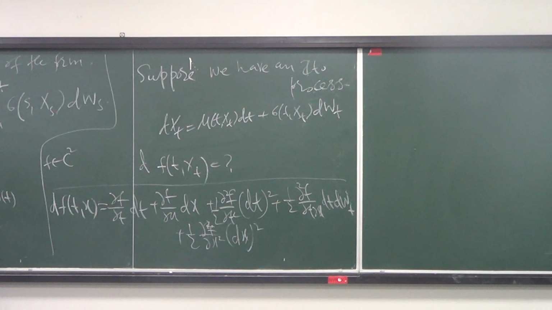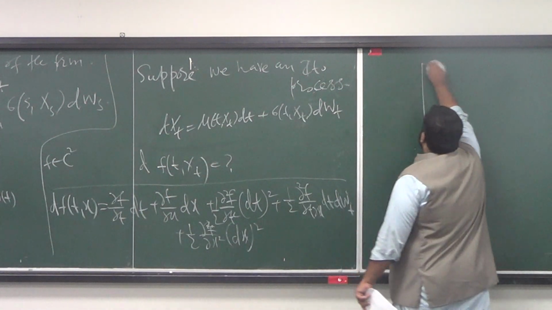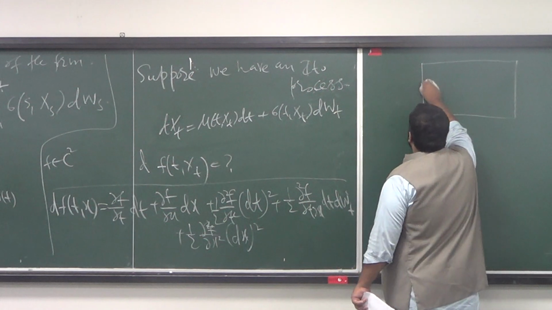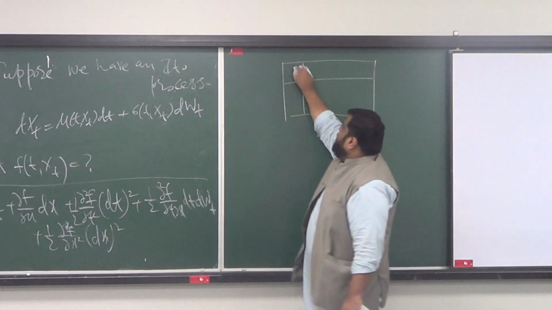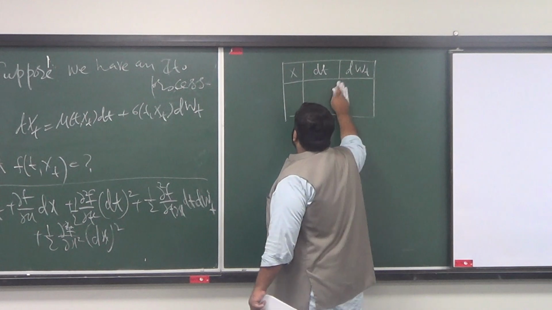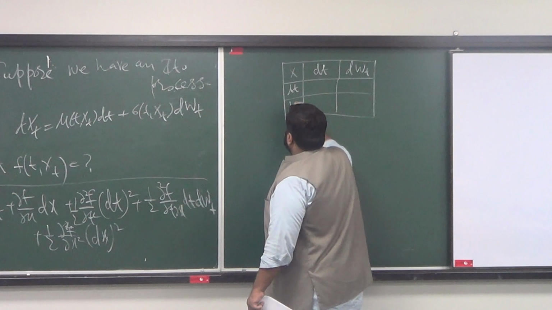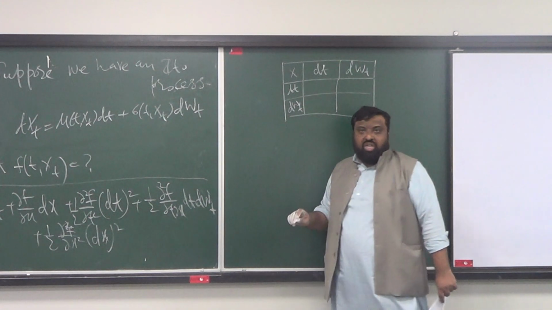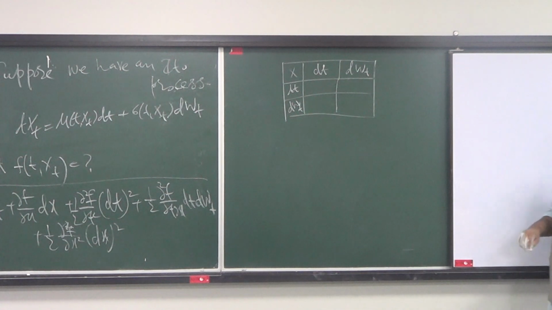Now I'm going to write many things in shorthand form, so I'm going to write an Ito rule table, and I'll try to explain what I mean by that. If I multiply dt and dX, we ignore the terms of higher order than first order in time.